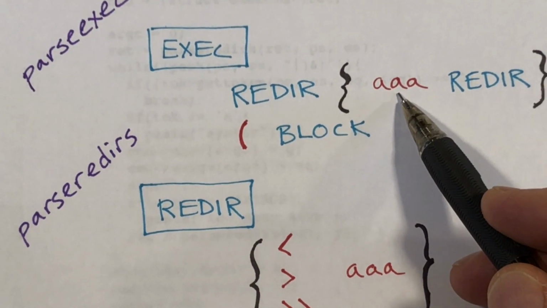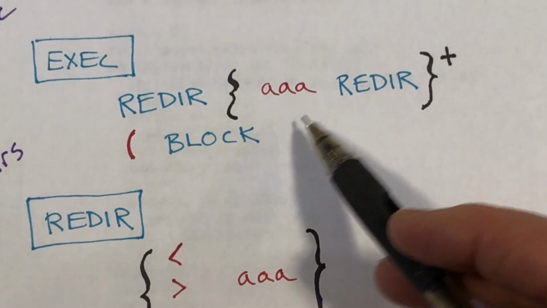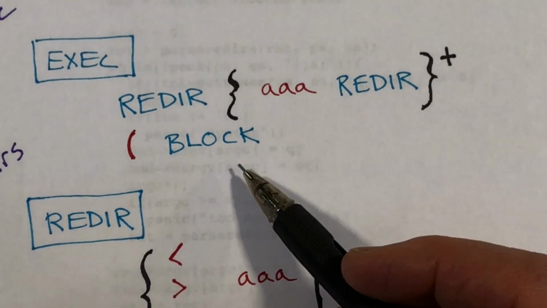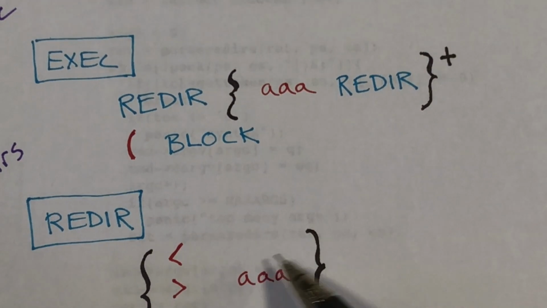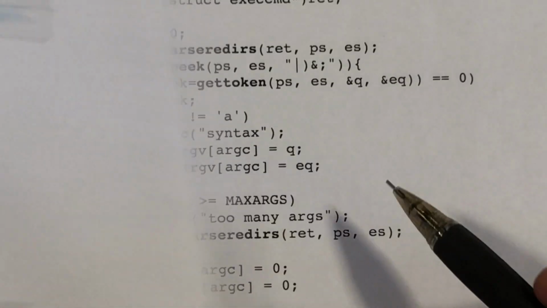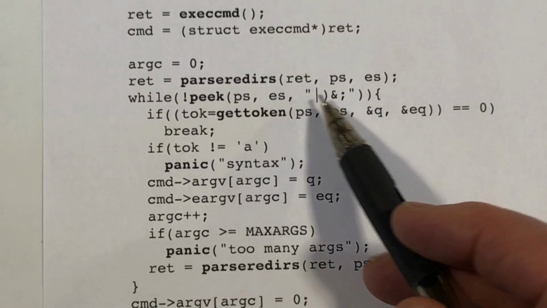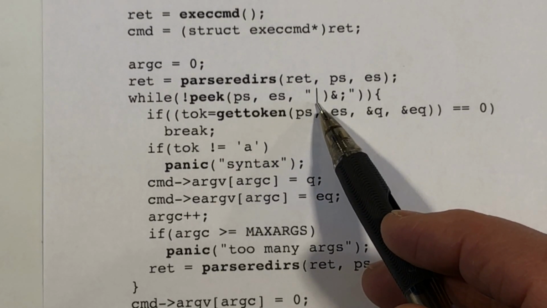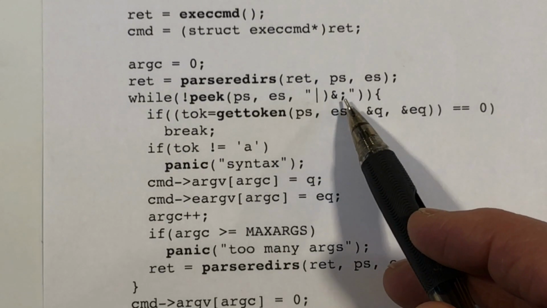We know that the next thing is not a less than or greater than symbol, otherwise we would have kept picking it up in the redirections. So here we're checking to see whether it's one of the remaining symbols: vertical bar, closing parenthesis, ampersand, semicolon.